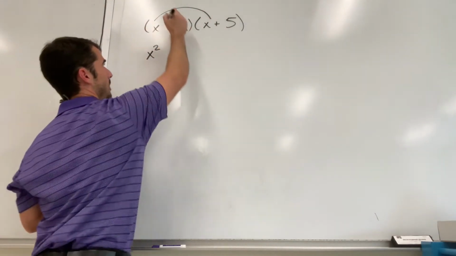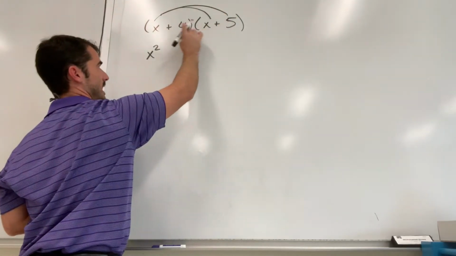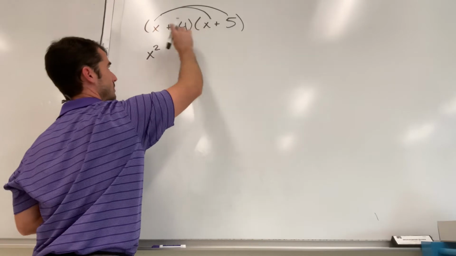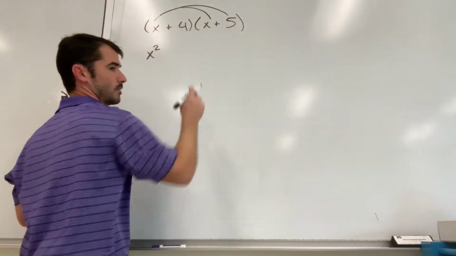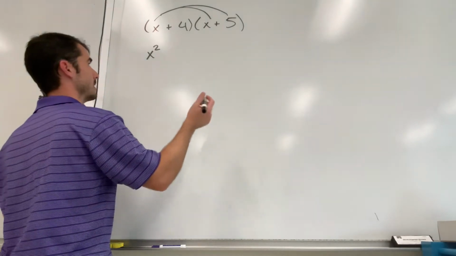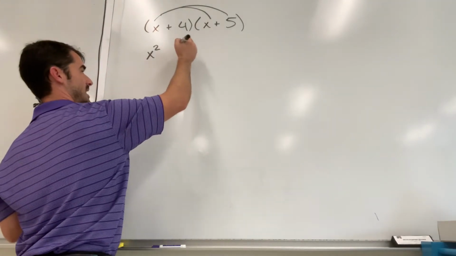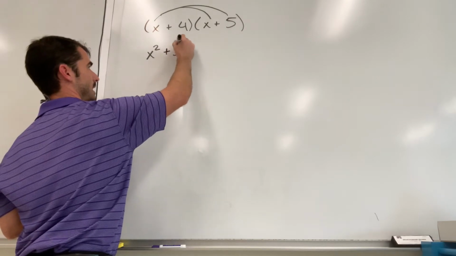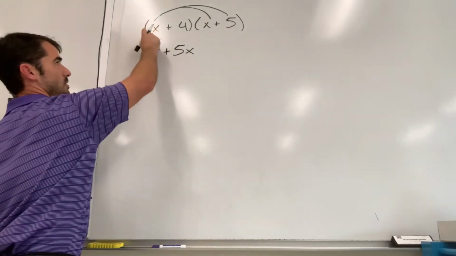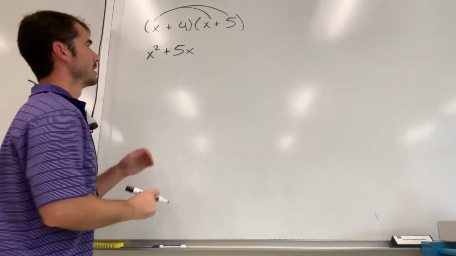Now we have x times 5. Again, I'm going to use this stuff as positives and negatives, so this is all positive. We can't really do x times 5, so we just rewrite it as 5x. Since that came out positive, I'm going to write plus 5x. Now this x has been distributed into all the numbers that were next to it.